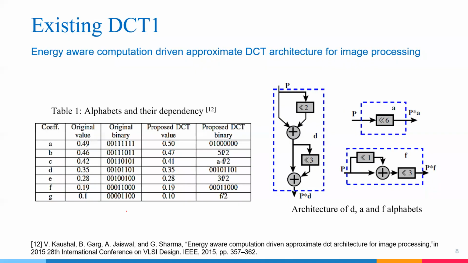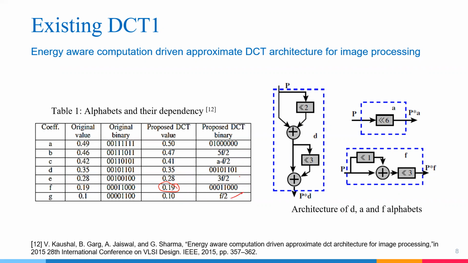Now let's look at the existing techniques from the literature. One work is the energy aware computation driven approximate DCT architecture for image processing, presented in 2015. They took F as a reference and computed the rest with respect to it.